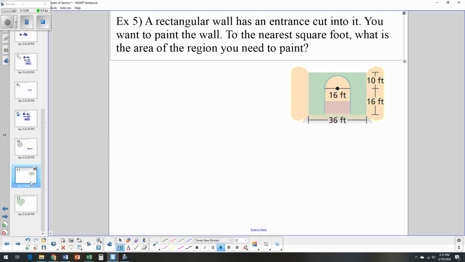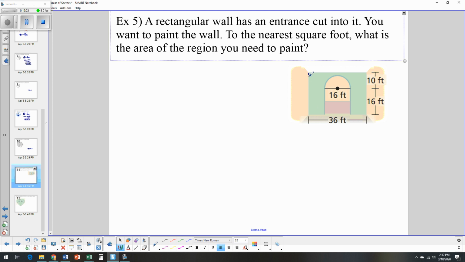Almost done. The last thing we're really going to look at is combining different areas or taking away different areas. So in this problem, we have a rectangular wall that has an entrance cut into it. So we want to paint the wall here, but we're obviously not going to paint the entrance because that's an empty space. So to the nearest square foot, what is the area of the region you need to paint?